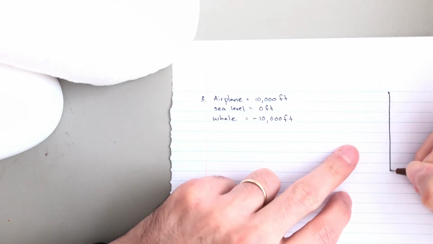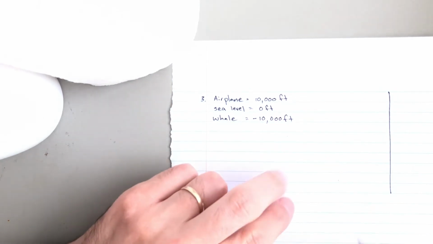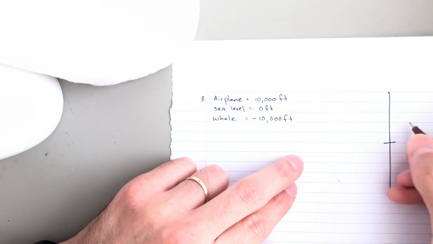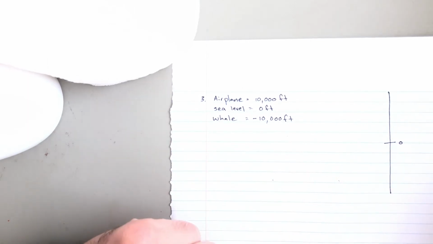So then we do a vertical number line here. And that's the same thing as a regular number line, but just flipped up on its side. So I'm going to draw a line here, like that. And then you can label it, like this could be 0.